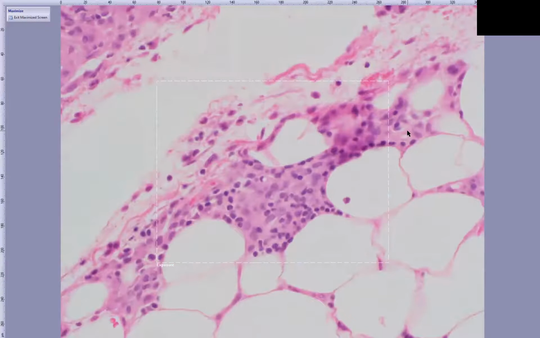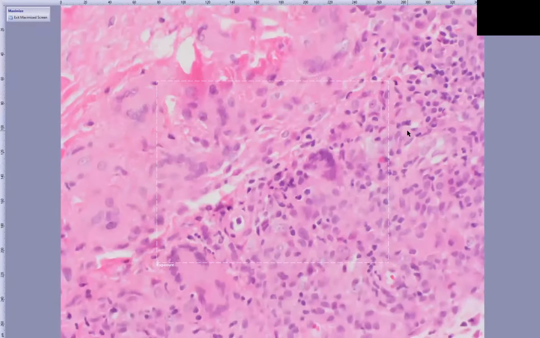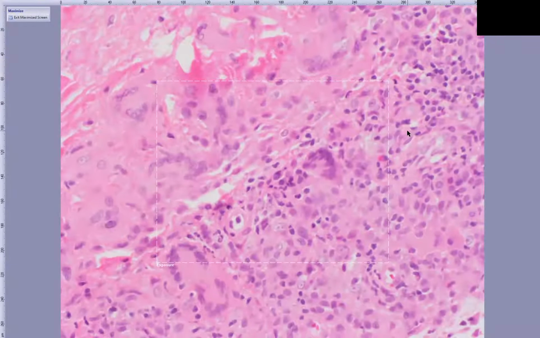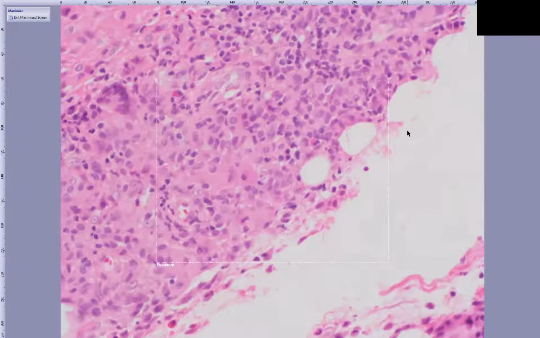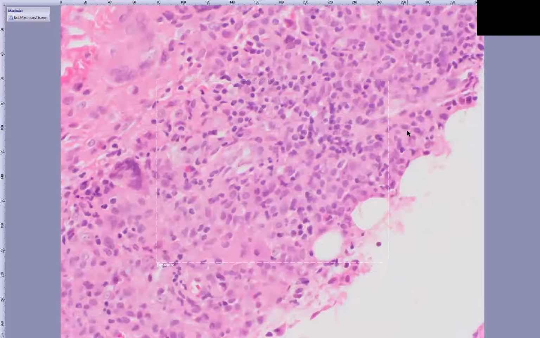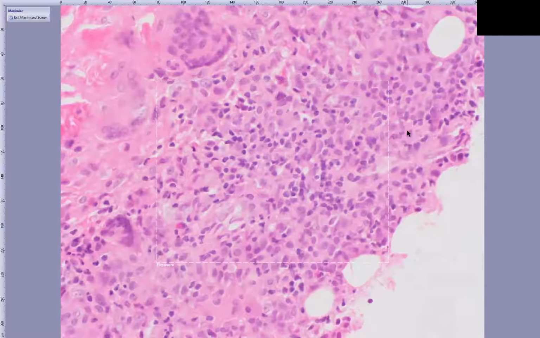We can appreciate an admixture of lymphocytes, some eosinophils in this view, and plasma cells. So you can see quite a few plasma cells in necrobiotic xanthogranuloma.